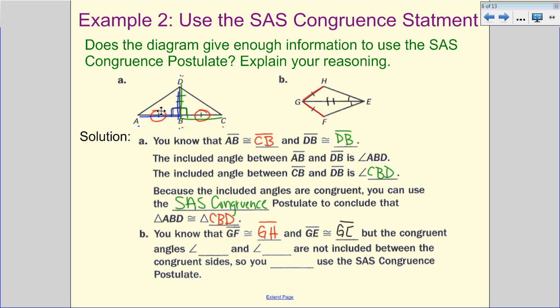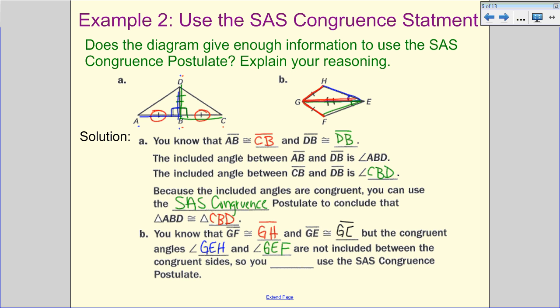But the angles that are congruent here are angle GEH and angle GEF. If we look at this, I can follow my two sides, and there's no angle in between them. The angle is away from them.